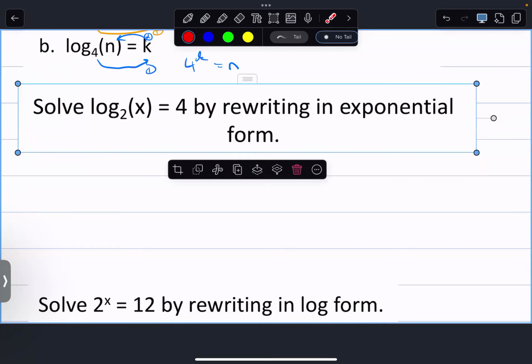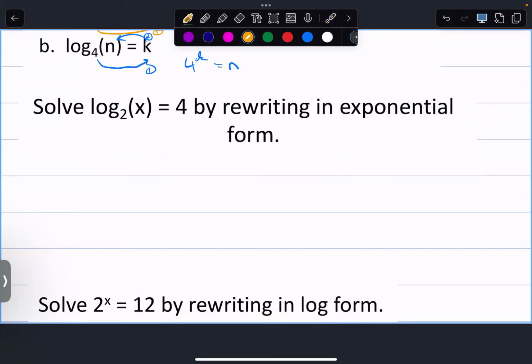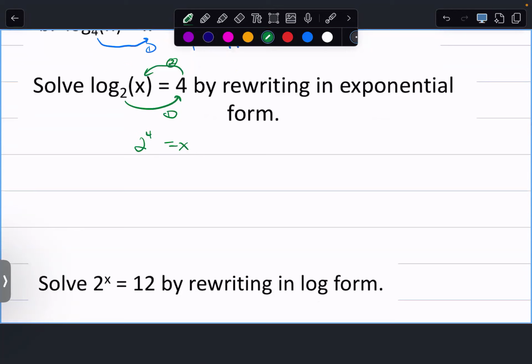Here, step 1 and step 2: 2 to the power of 4 is equal to x, and 2 to the power of 4 is 16. So we did it.